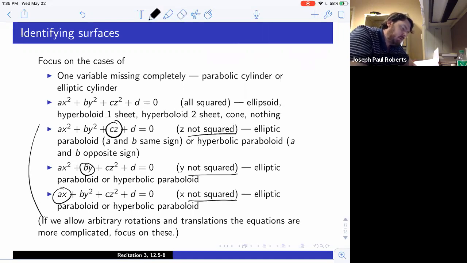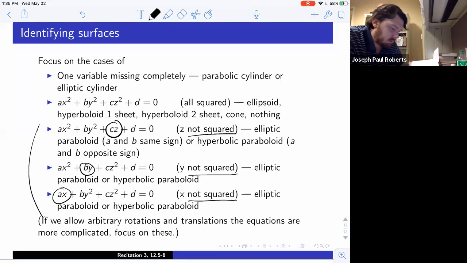And then the other possibility is if everything is squared, then that's going to end up being an ellipsoid, one of the two types of hyperboloids, or a cone, or maybe nothing, depending on if D has the same or opposite sign as A, B, and C in this situation.